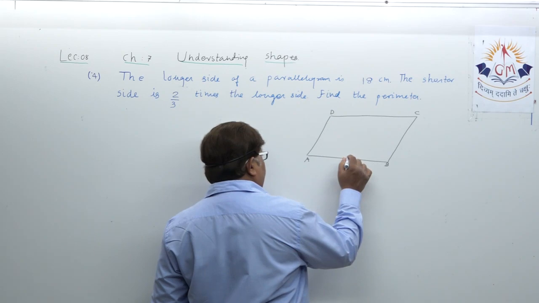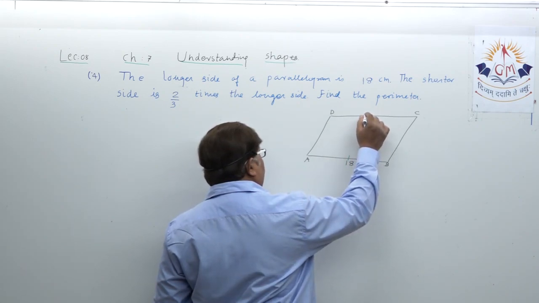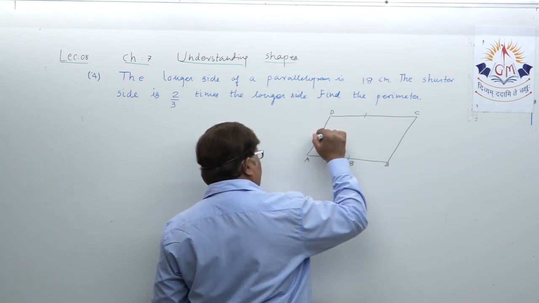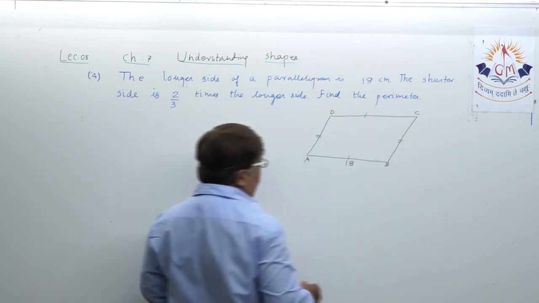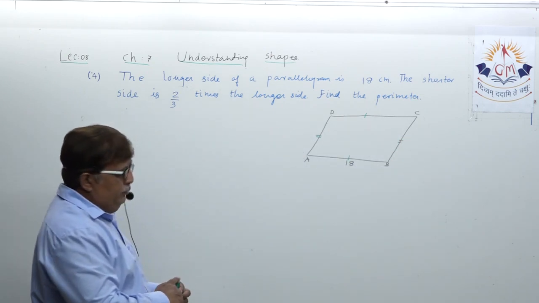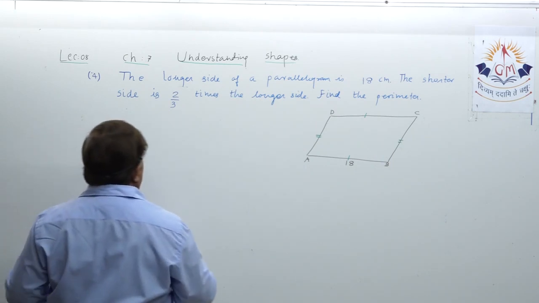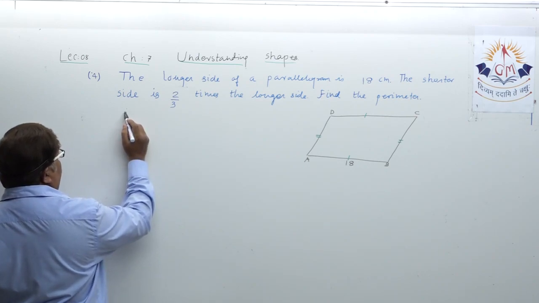Now, dear student, one thing is clear. These two sides are equal at the same time. These two are also equal. Let us try to summarize it in this way.